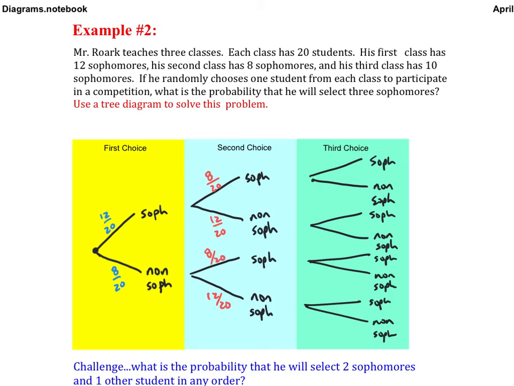If we took, for instance, this path here where we picked a sophomore in the first class, and then a non-sophomore in the second class, and then maybe a sophomore in the third one, you can see that all options are listed. Oh, I need to add in the third choice actually here. The third choice is that he has 10 sophomores, so this one's 10 out of 20 for each one of those.